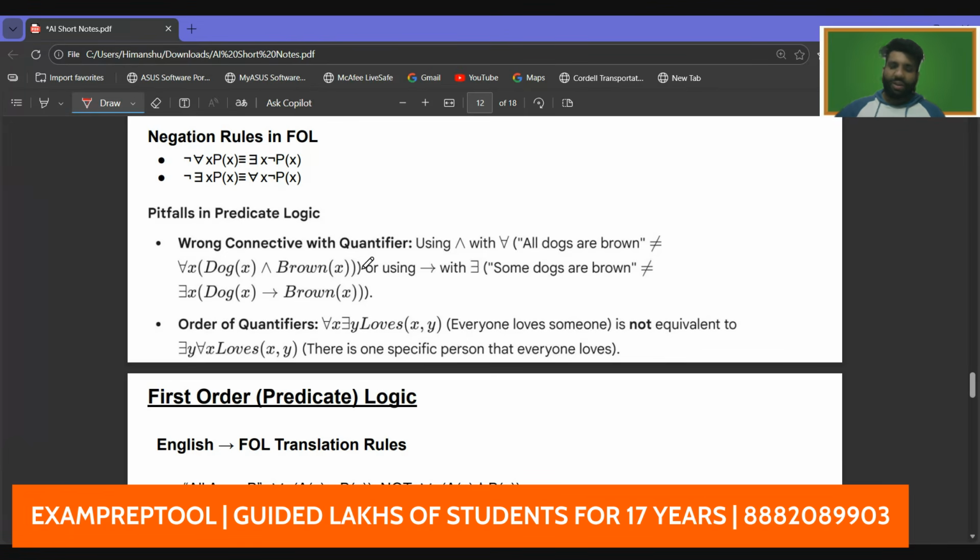You can think of some case as well where you'll say, oh sir, why are these two not true. So all dogs are brown, this is what we are saying. But if I mean that, that means I'm saying there should be no dog of other color. This is what we are saying.